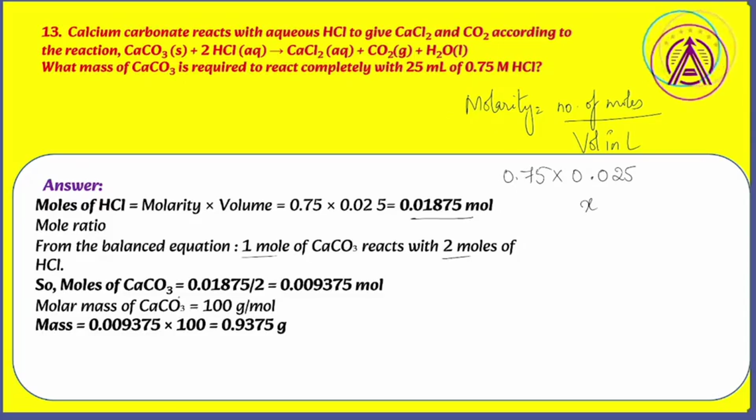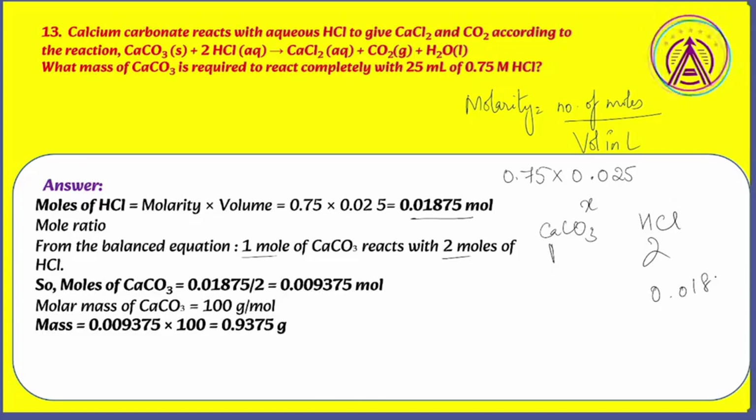Therefore, if we have 0.01875 moles of HCl, how many moles of calcium carbonate are reacting? It is nothing but 0.01875 divided by 2.